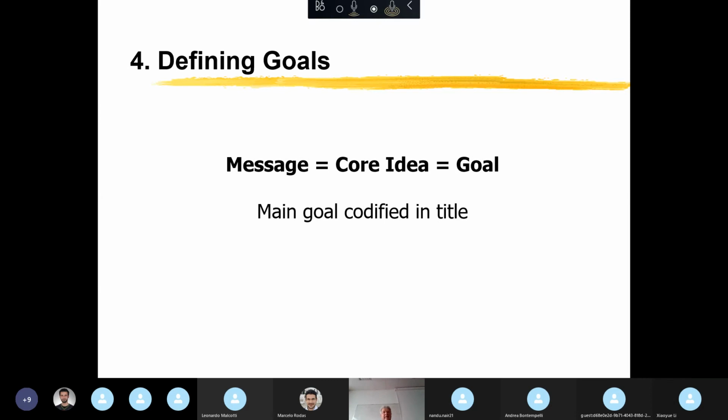Like in innovation, in startups, there's this notion of the elevator pitch. You know what the elevator pitch is? Let me tell you. Suppose that you're a startupper, and you want 1 million euros.